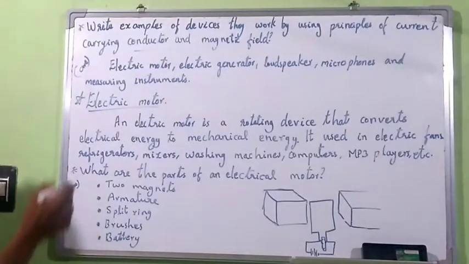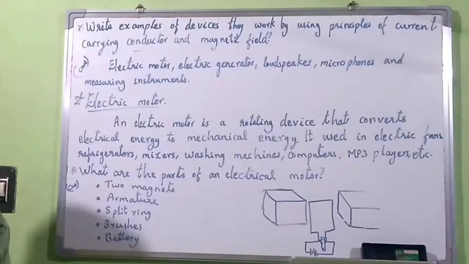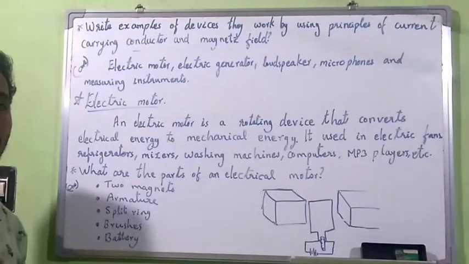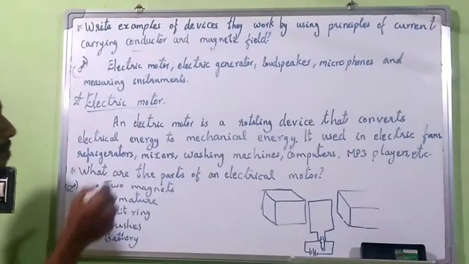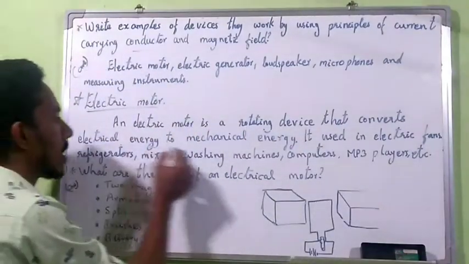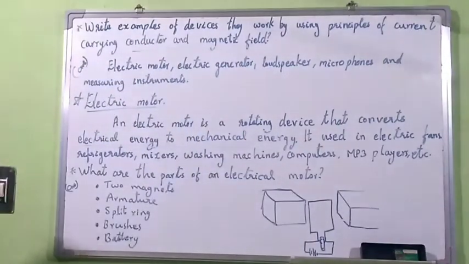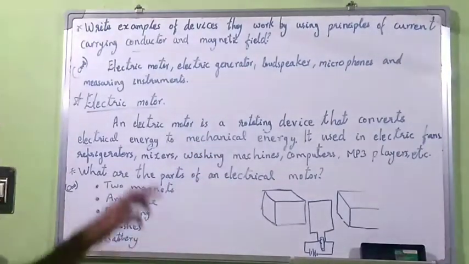Okay. Then the next topic is electric motor. What is an electric motor? An electric motor is a rotating device that converts electrical energy into mechanical work, that is, mechanical energy.